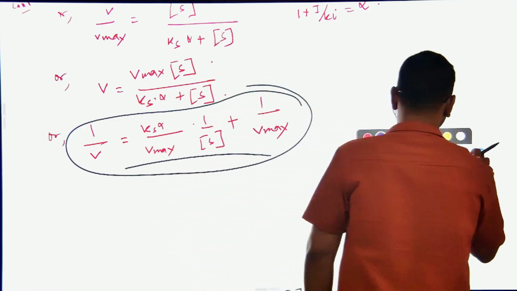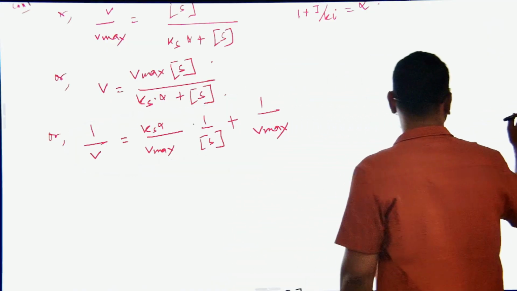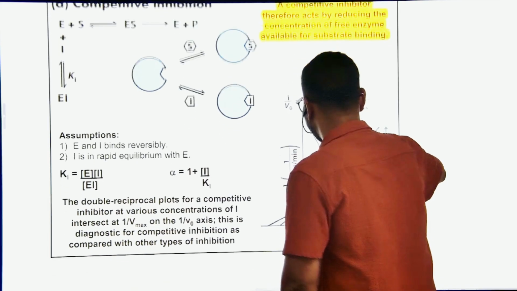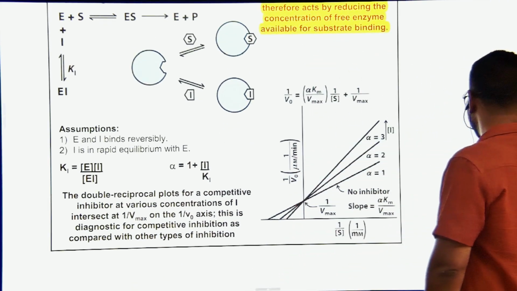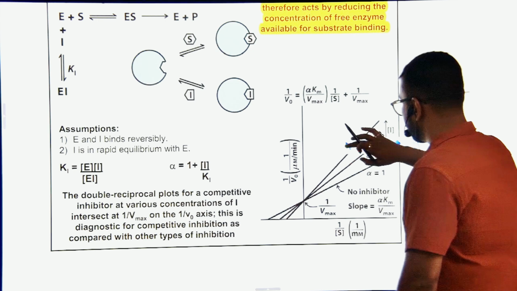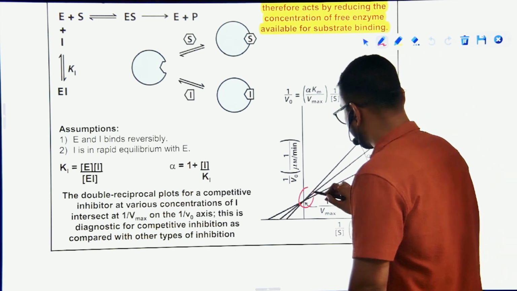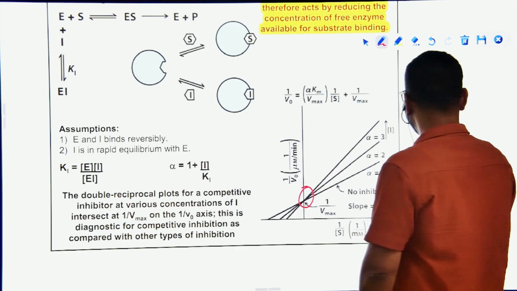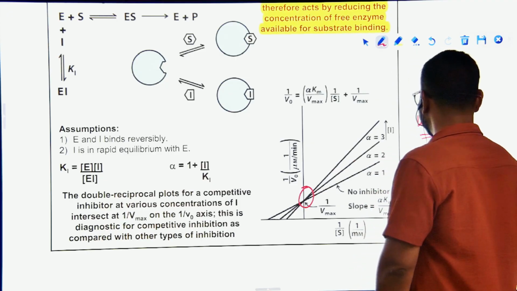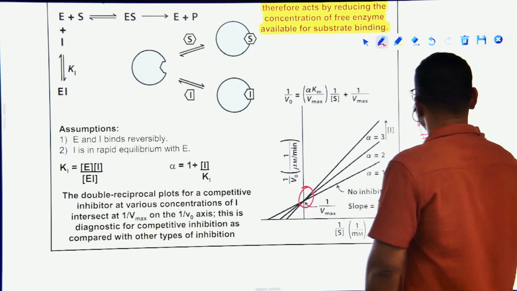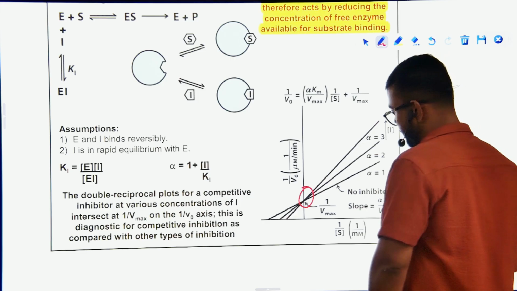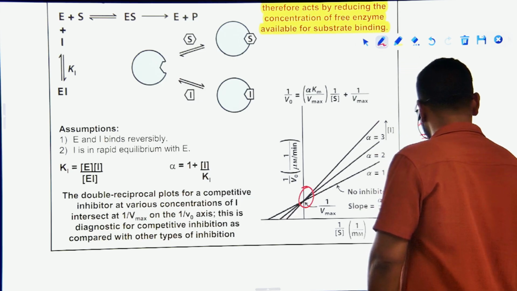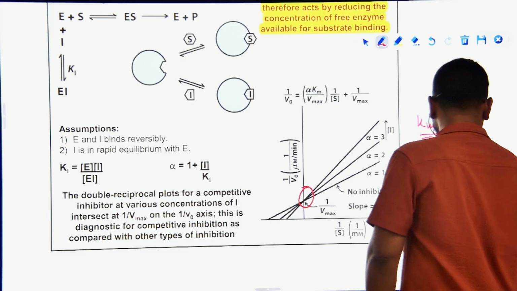Now, if we closely observe the graph, let's see. From this graph, what we can interpret? First thing from this graph, over here, our Km is increasing, and over here, our Vmax is constant.